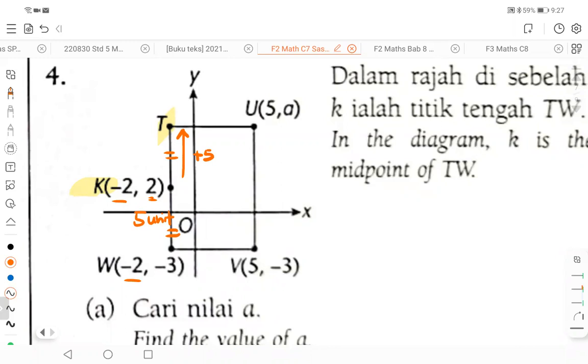You want to go up 5 units, which level will you reach? 2 plus 5, going up, is 7. So the coordinate of point T is negative 2, 7.